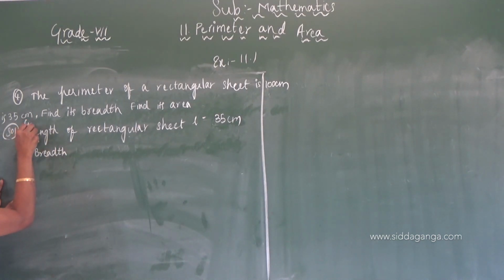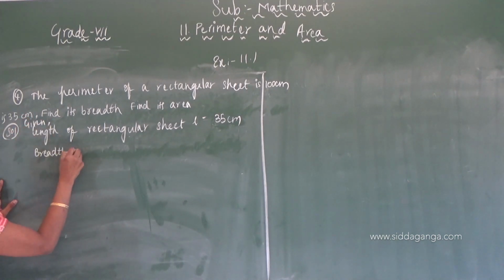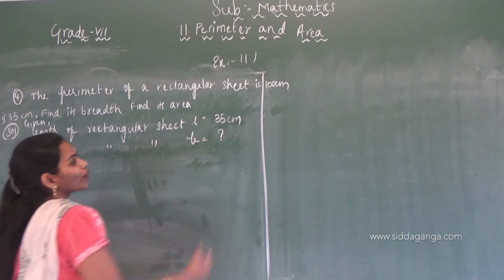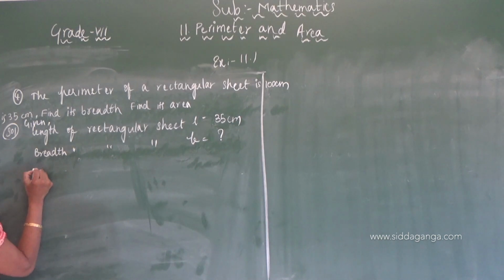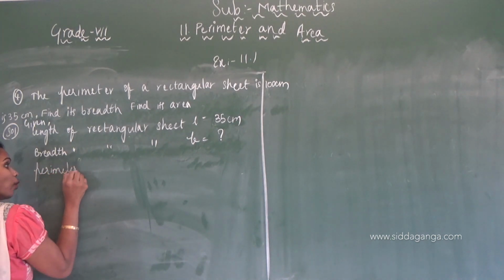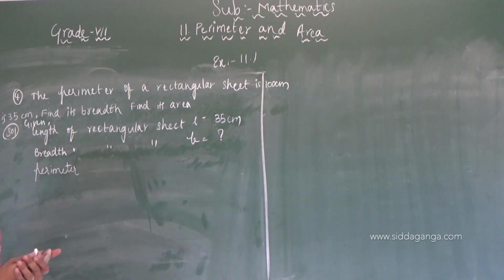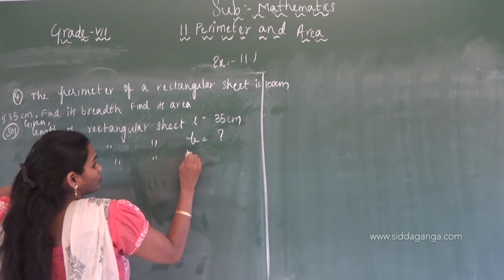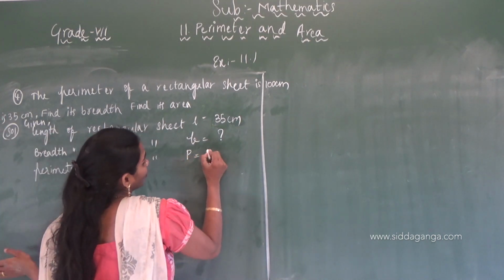Breadth of the rectangular sheet, B equals question mark, we have to find that. And then the perimeter they are giving. In the previous question they gave the area and asked us to find the perimeter. Here they are giving the perimeter of the rectangular sheet.